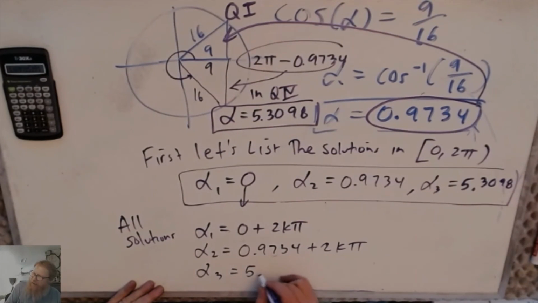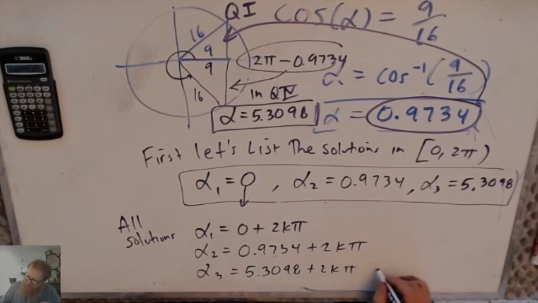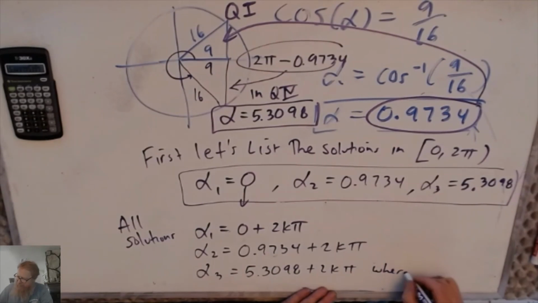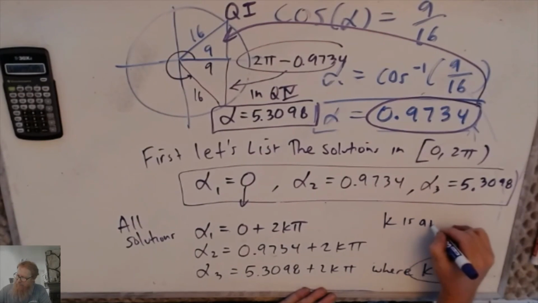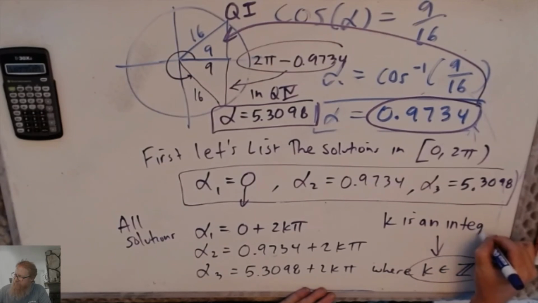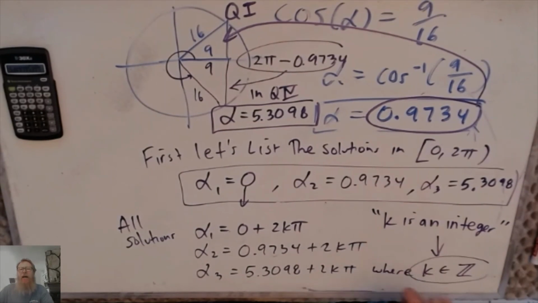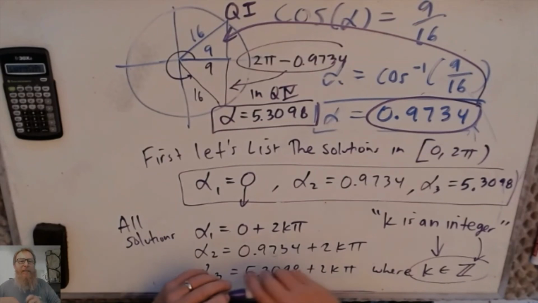And then 5.3098 plus 2k pi, where k is an element of the integers. The fancy way to write that is k ∈ Z, where the epsilon looks like a lowercase e. It's a Greek lowercase epsilon. Z is the universal symbol for the integers.